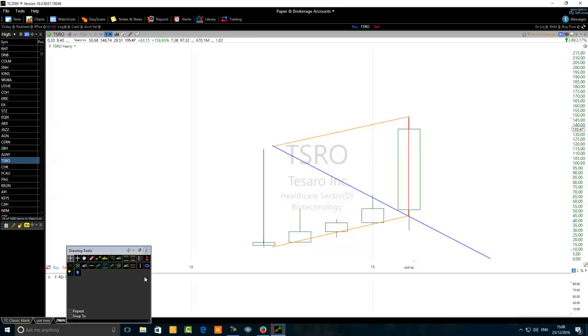What's going on with this charting software today? Am I doing something wrong? Traders, am I doing something wrong? Okay, you get it now. I'm not going to dwell on it. So we connect this point and this one here, and that's the diagonal.